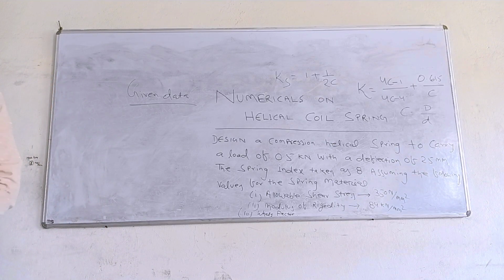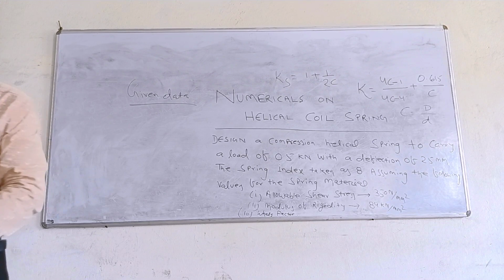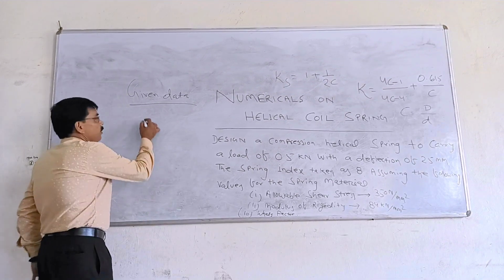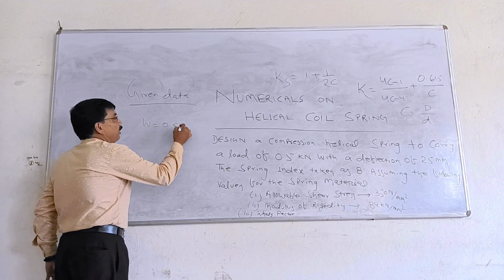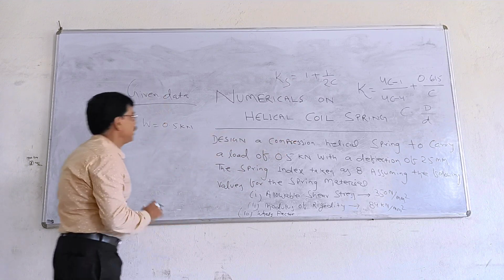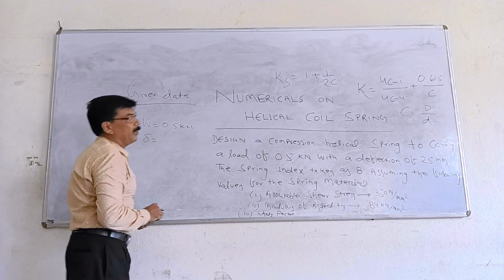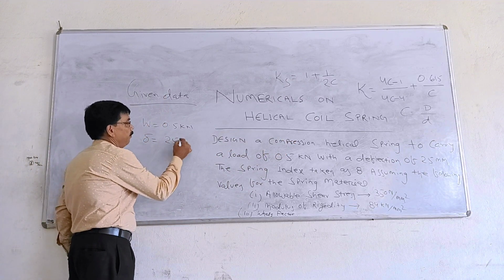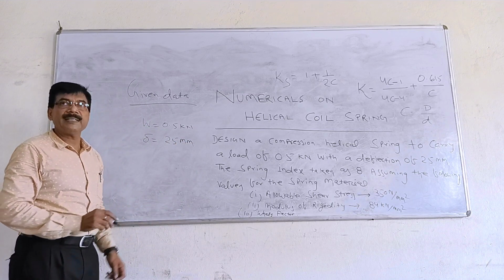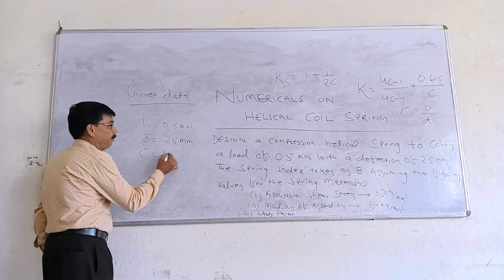The value of W is 0.5 kN. This is the axial load. Next, deflection, delta, is 25 mm. Spring index is given as 8. That is C.